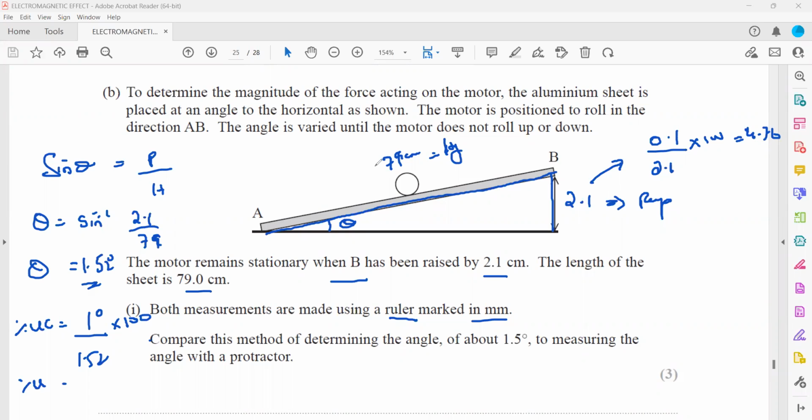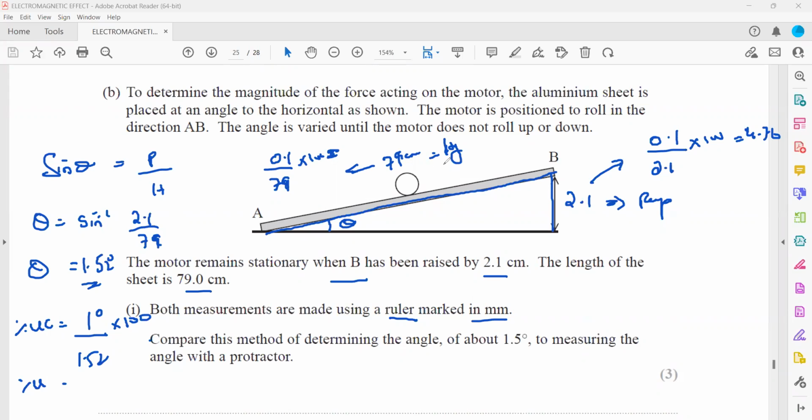And how much is the uncertainty in measuring 79 millimeter? 0.1 divided by 79 times 100.